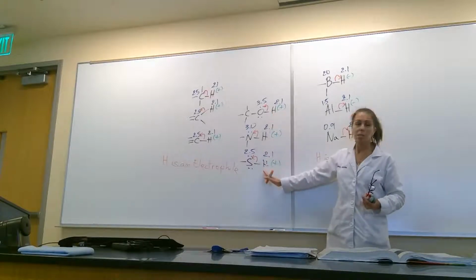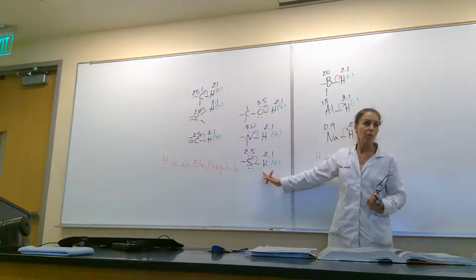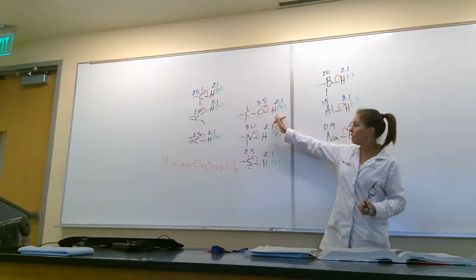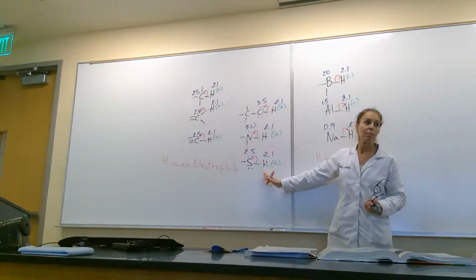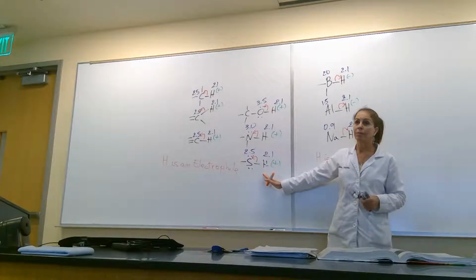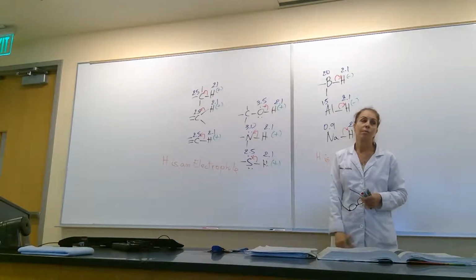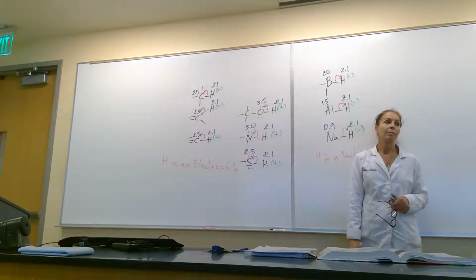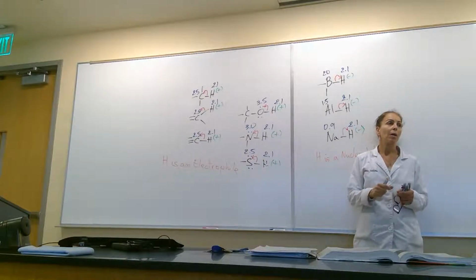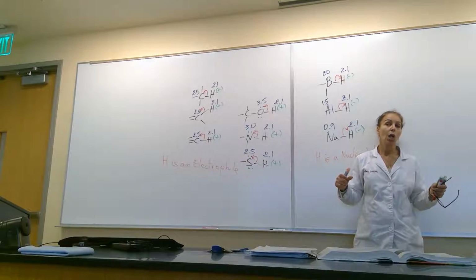So this and this are in the same group. So which one would break faster? This or this? You already forgot chapter 2 right here. Sulfur. Why? Because the size is bigger. The bigger the atom, the bond is longer, so it's easier to break.